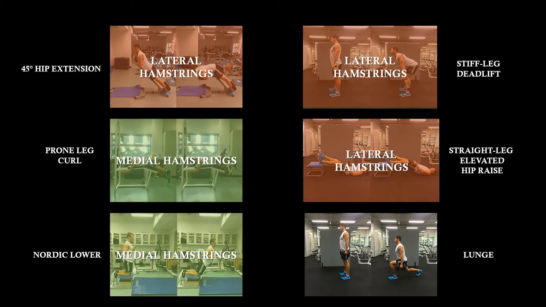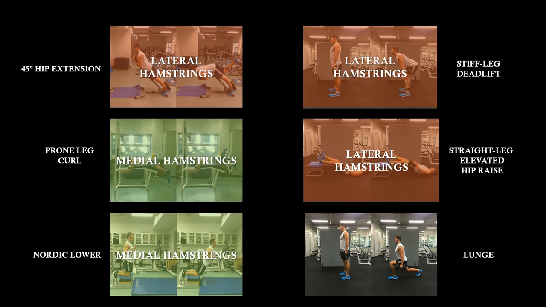Now what you'll notice is that with each exercise, one joint is moving whilst the other stays in a fixed position, hopefully, if the exercise is performed correctly. So with the Nordic lower, the hip is in a fixed position where the knee flexes and extends. With the hamstring curl, the exact same thing.